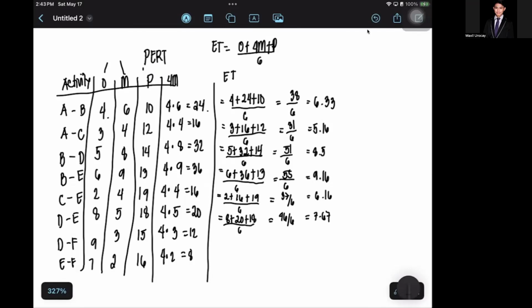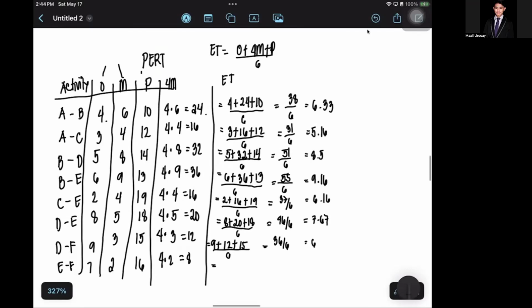Then your O is 9, 4M is 12, and P is 15, divided by 6. 9 plus 12 plus 15 is 36. I'm so sorry, let me redo that. 36 divided by 6 is 6.